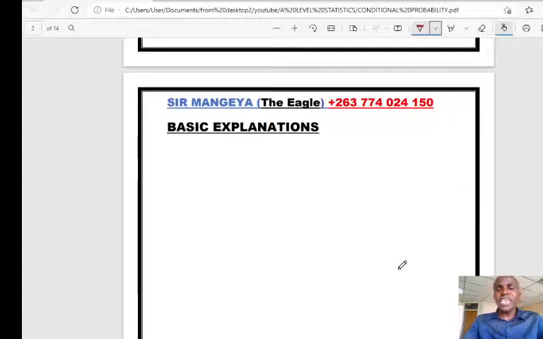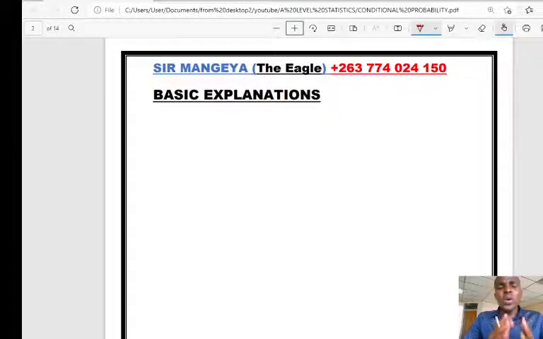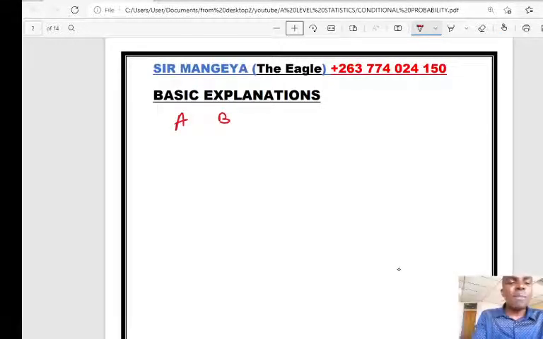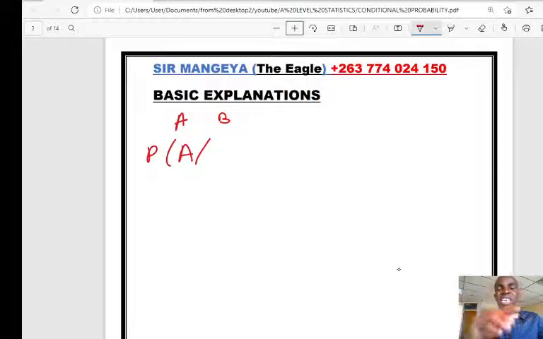Right, basic explanations based on conditional probability. Conditional probability is where we have two events, and we are asked to find the probability of an event given that another event has already occurred. If you have events A and B, we are asked to find the probability of A given that B has occurred. The slash means given that.